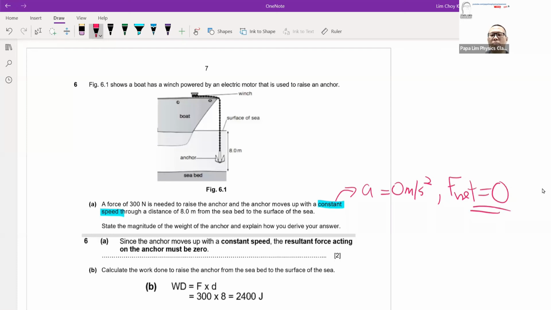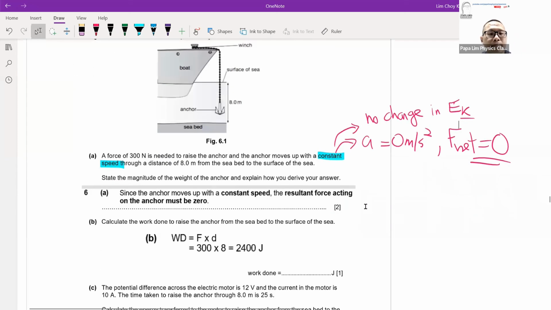These are what we mean by common clues in the question. Or sometimes I can also infer that there is no change in kinetic energy. So this is what the words constant speed mean, the meaning behind the sentence there.